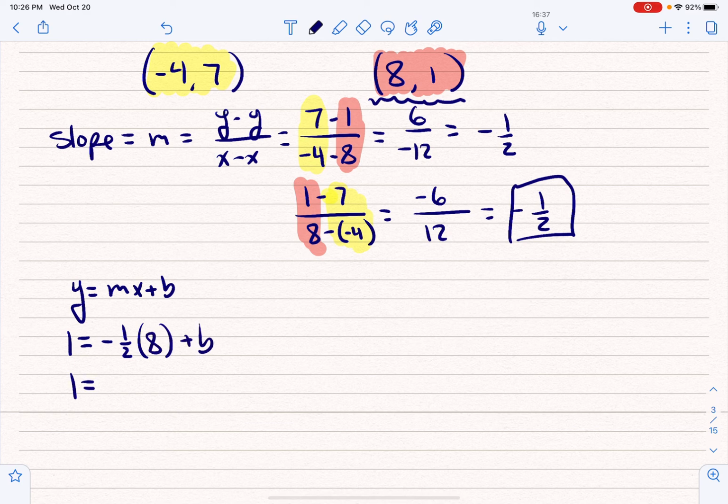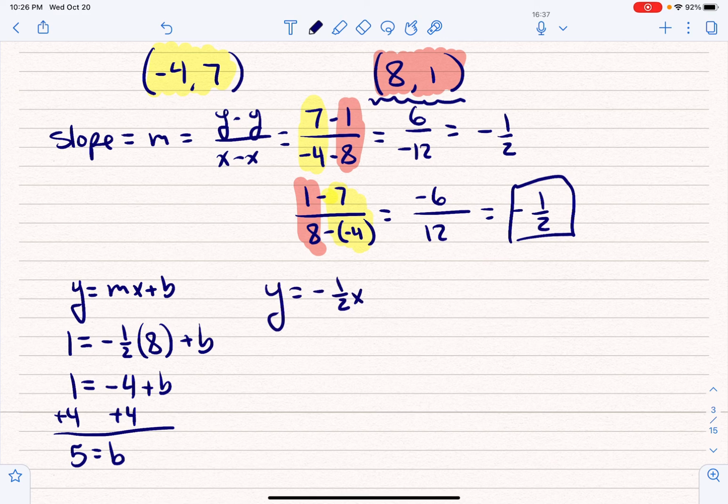So I get 1 equals -1/2 of 8, which is -4, plus b. Then you add 4 to both sides, and that gives you 5 is equal to b. Once you know that, you plug it back in and you get y equals -1/2 x plus 5. That's not too hard.